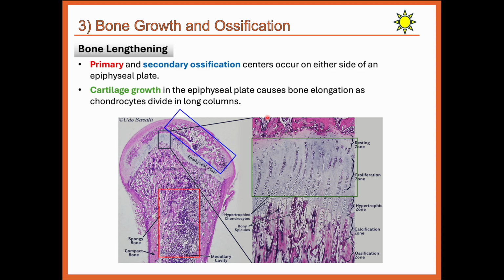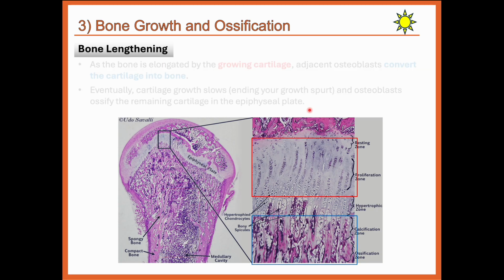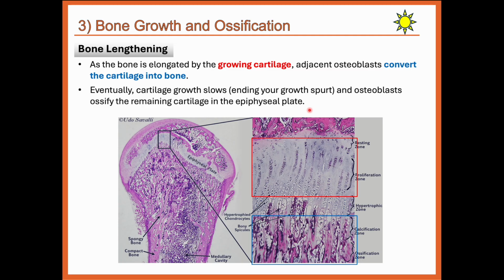So I need you to know that during adolescence and during childhood, this epiphyseal plate is cartilage, and it allows you to keep growing because the chondrocytes inside keep dividing in these long columns and pushing the bone up. As the bone is elongating, growing cartilage is going up, up, up.